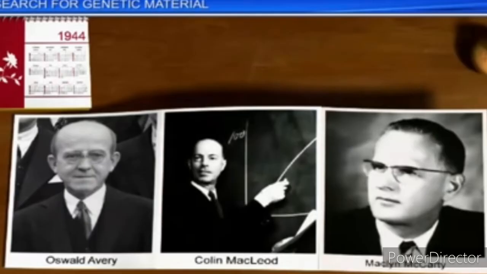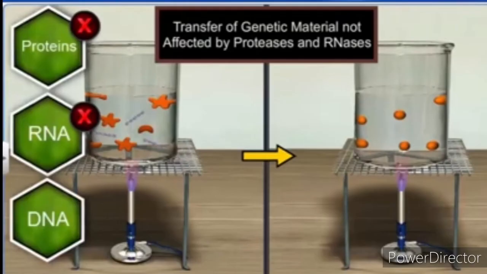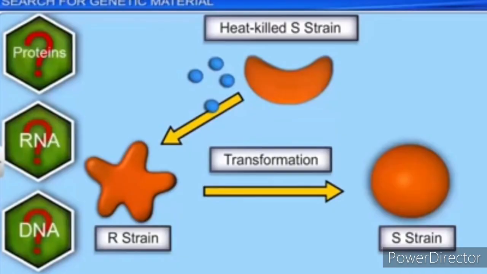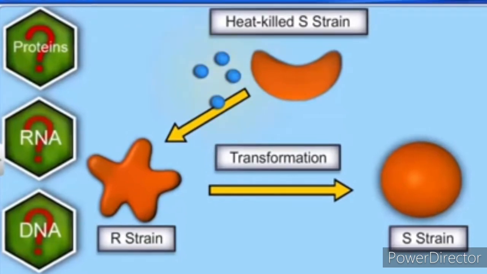After a long time, they conducted experiments to discover which is the genetic material. They started different types of experiments, working on DNA, RNA and proteins. After that, they purified biochemicals, proteins, DNA, RNA, etc. from the heat-killed S cells to see which ones could transform the live R cells into S cells.